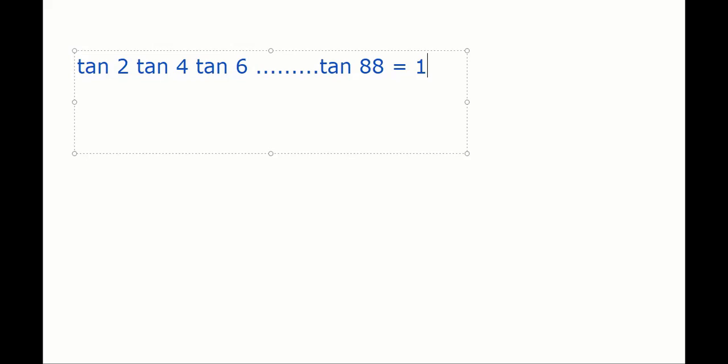Correct. Good. Let's try one more, guys. If anybody has any problem, you can always stop me. If I say tan theta, say theta is y, tan theta plus 1 by tan theta is equal to 2.